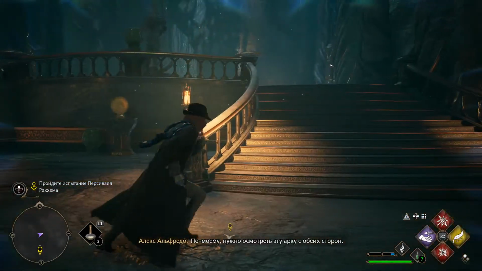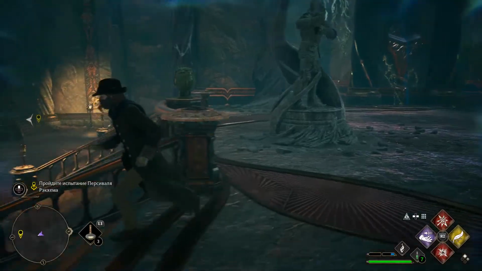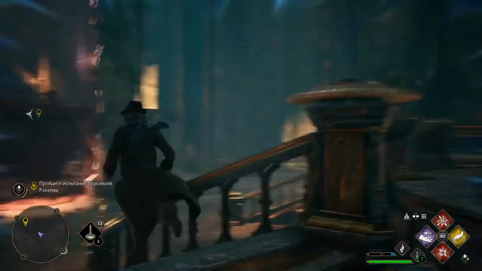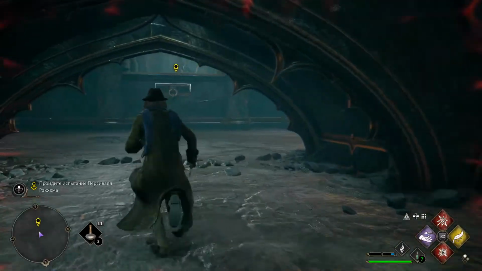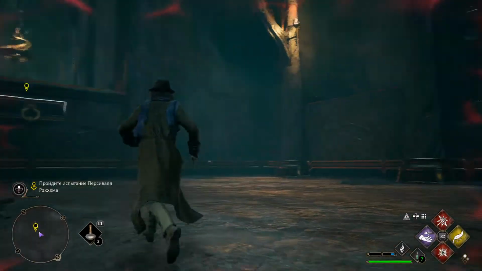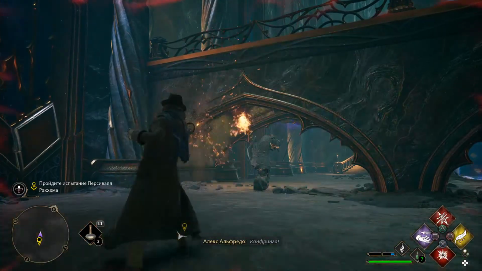Seems I ought to explore this archway from both sides.